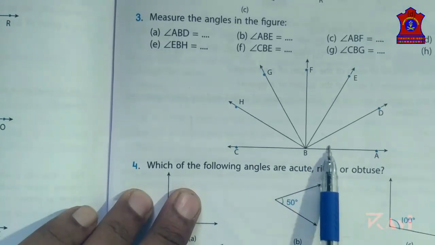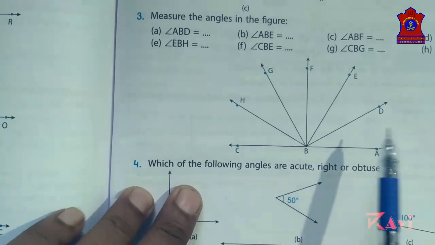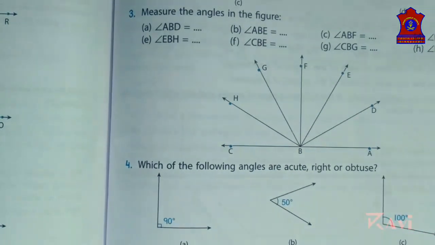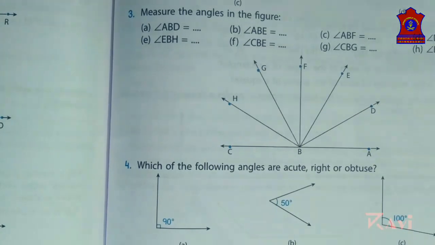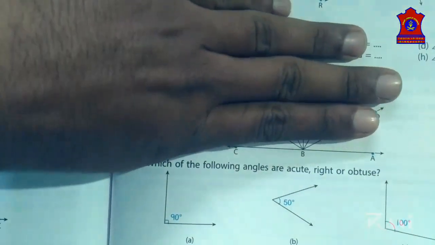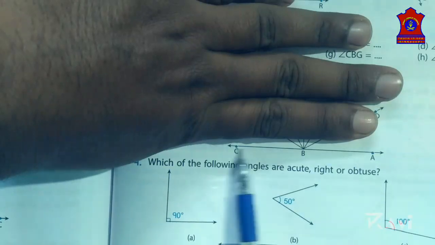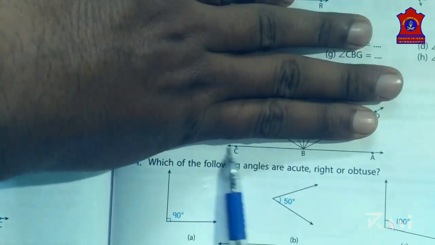But we can easily identify it, as the parts are equally divided. If I hide a part, you can easily find out. See here, if I'm hiding this, look at this only line. This is showing 180 degree straight angle.